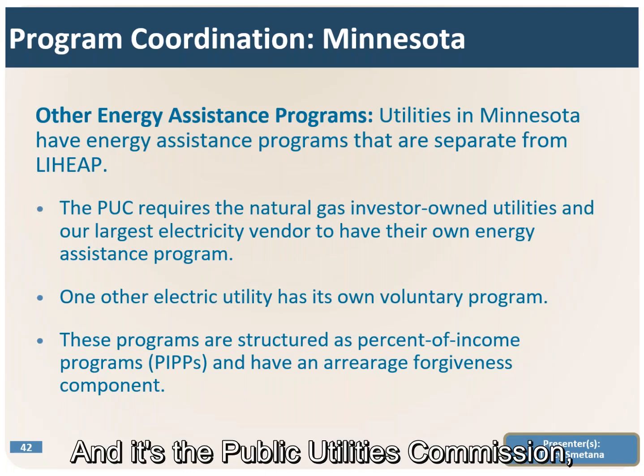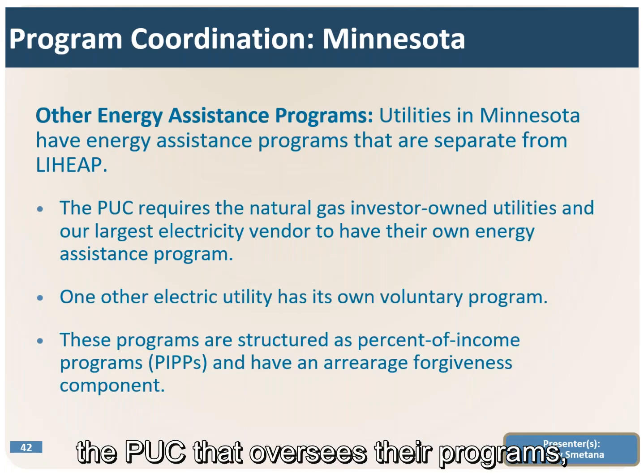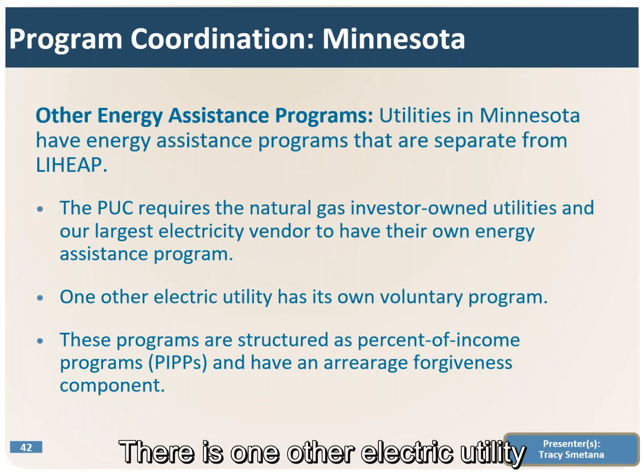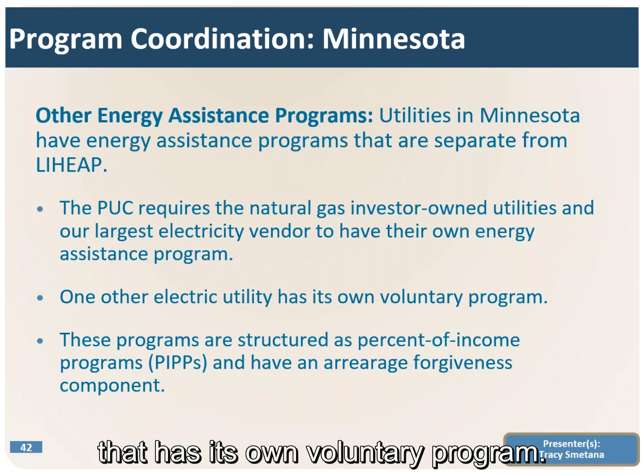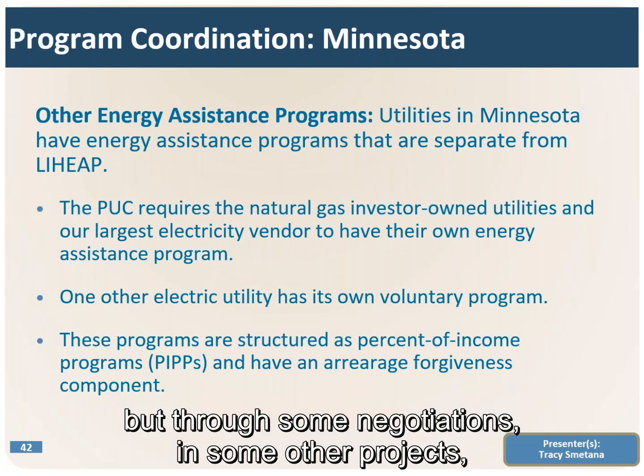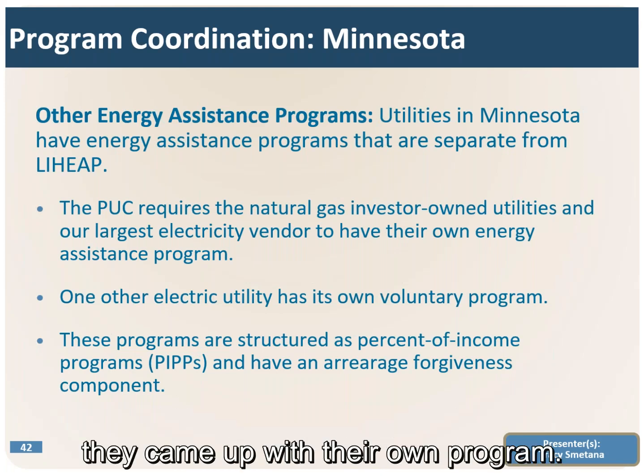And it's the Public Utilities Commission, the PUC, that oversees their programs. They're called Affordability Programs, so if I use that term, that's what I'm talking about. There is one other electric utility that has its own voluntary program. They're not required by statute, but through some negotiations in some other projects, they came up with their own program.